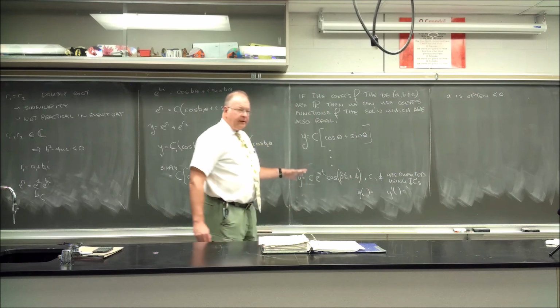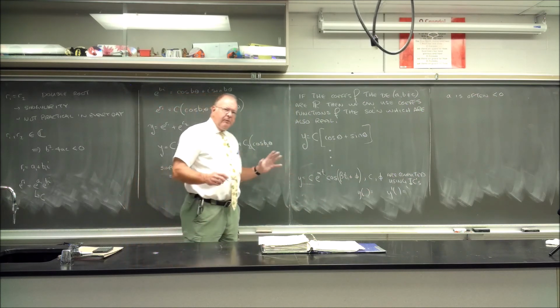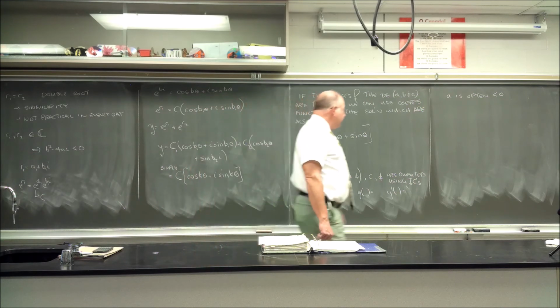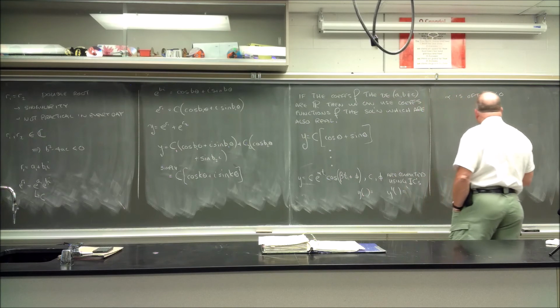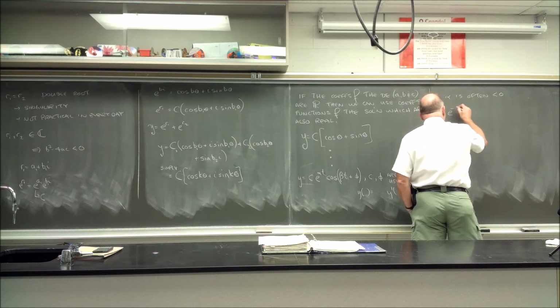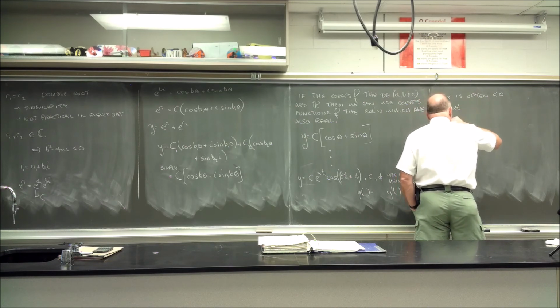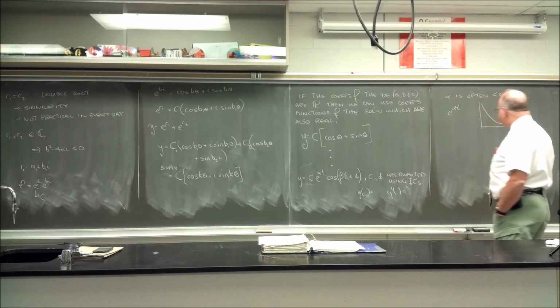So I don't want you to think that they're the coefficients of the differential equation, because they're not. There'll be some combination. So alpha is less than 0, and so when you have that, you have e to the alpha t, which is going to give you a damping, a reduction of amplitude.